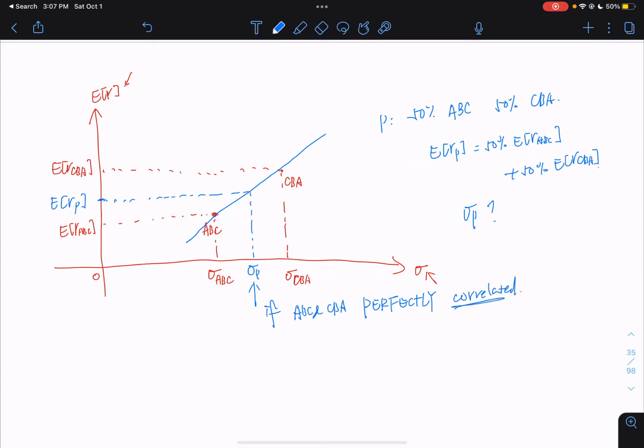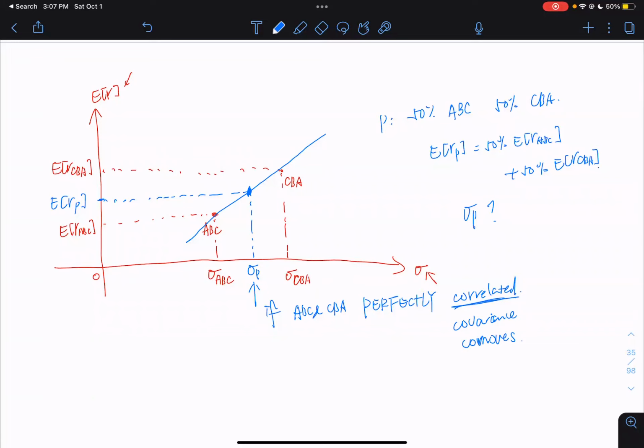The correlation is something we didn't introduce yet, but you can think about it as perfectly co-moving with each other. In other words, you cannot decrease your portfolio standard deviation, portfolio risk.